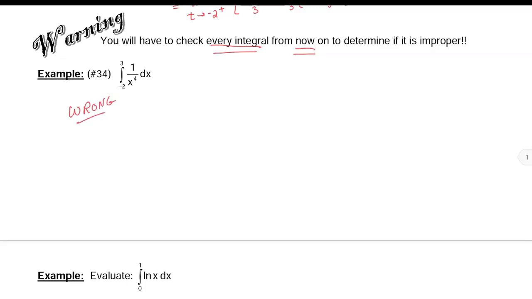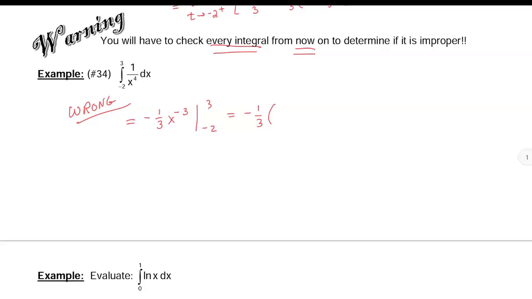Here I am doing it wrong because I didn't notice that 0 would be bad. The antiderivative of 1 over x to the fourth, which is the same as x to the -4th, would be -1/3 x to the -3rd. Evaluate from -2 to 3. I'm going along not knowing that I have just included dividing by 0. I'll have -1/3, and then I'm going to substitute in the 3, so that's really 1 over x to the third.